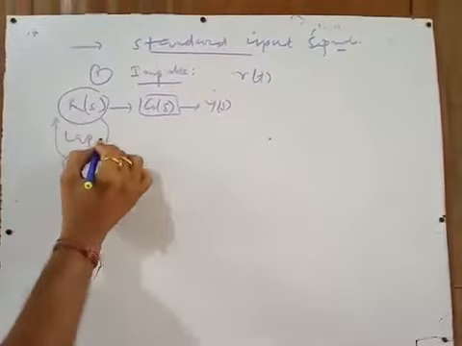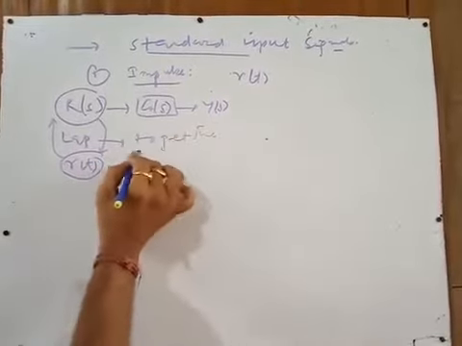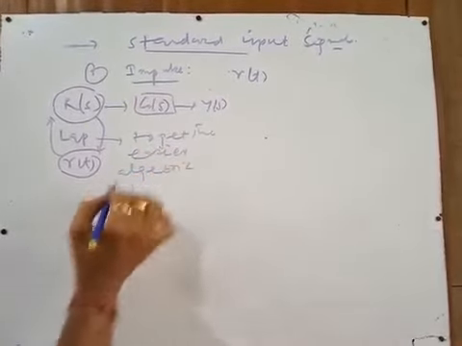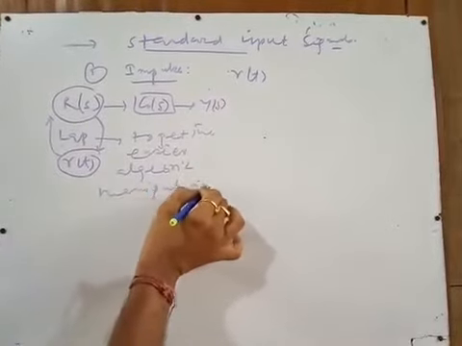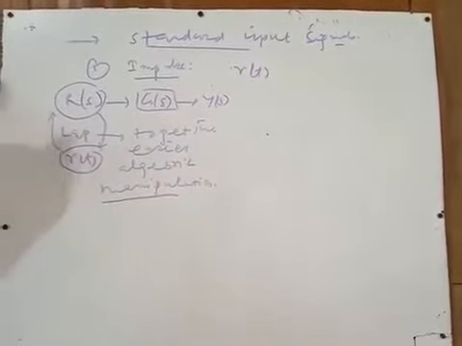Why is the Laplace transform taken? To get easier algebraic manipulation. To make the solution easier, we take the help of the Laplace transform, nothing else. So basically this is r(t).